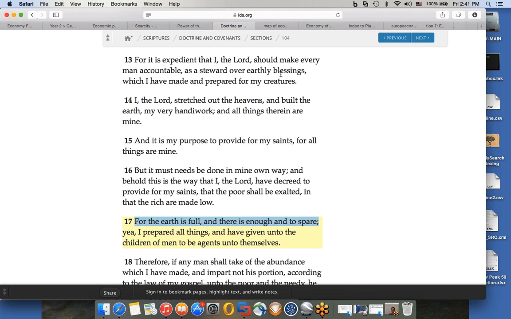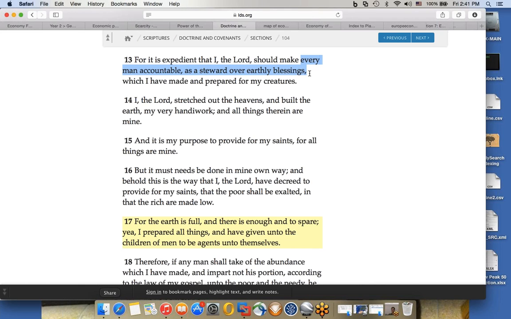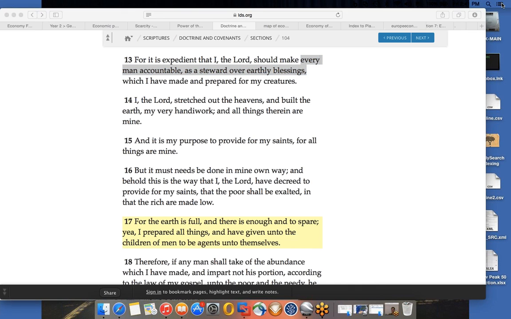And now what is our responsibility over the resources that we have? To be accountable, 13, to not waste those resources or take advantage of them. That's right. Okay. Well, I mean, you take advantage of them, but not in a way that's bad. Yeah. So we should use them wisely, efficiently, not abuse them, all right?